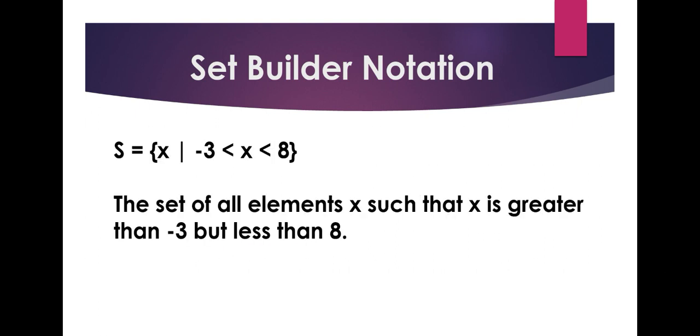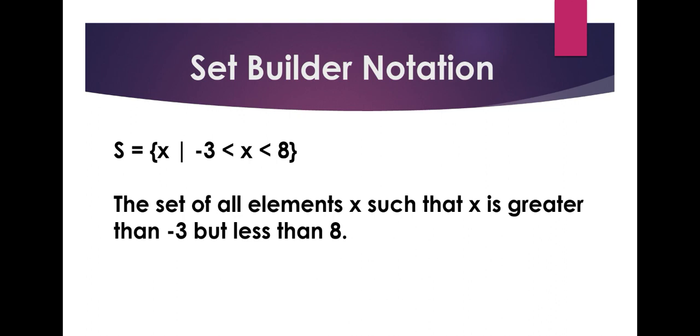Okay. Next, another example of set builder notation. Ganito naman siya nakasulat. Let's have x is an element of S such that x is greater than -3 but less than 8. So, ibig sabihin, dapat daw ang mga elements na gagawin nyo sa set S natin ay mga numbers na mas mataas kay -3 pero mas mababa kay 8.